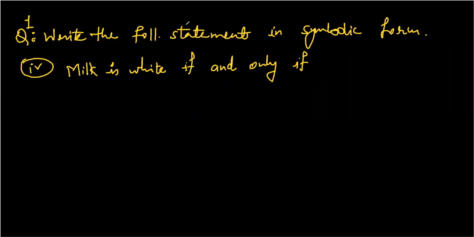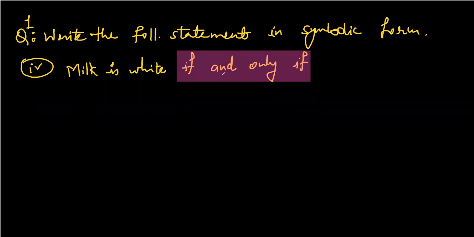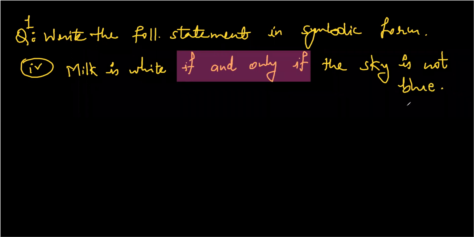So students, what is this? This is a connective. If and only if. Which connective? It is the double implication connective. If and only if milk is white, if and only if the sky is not blue.